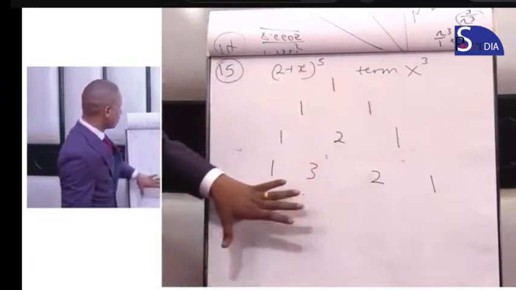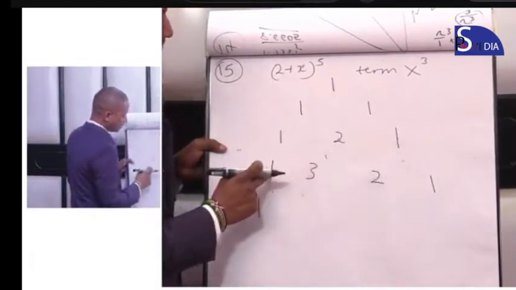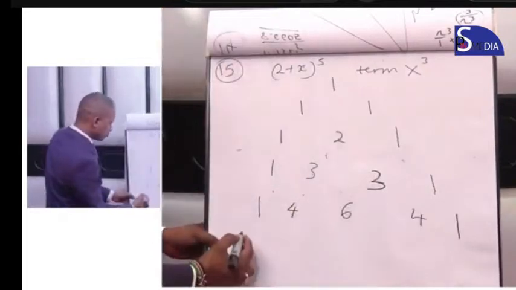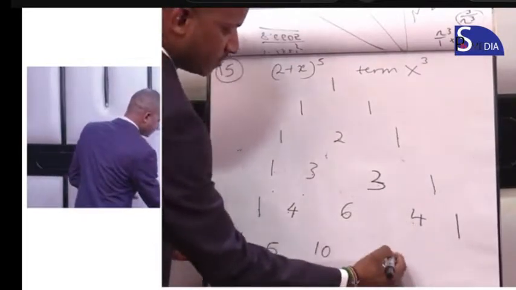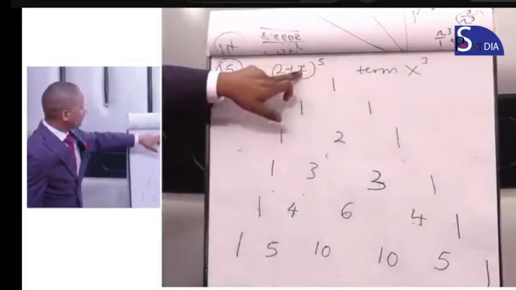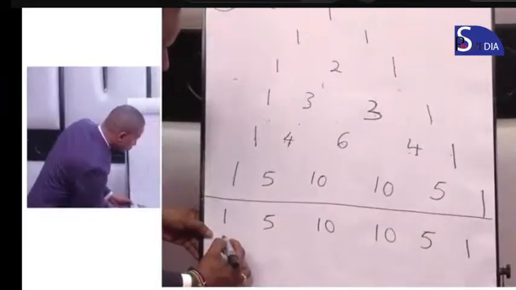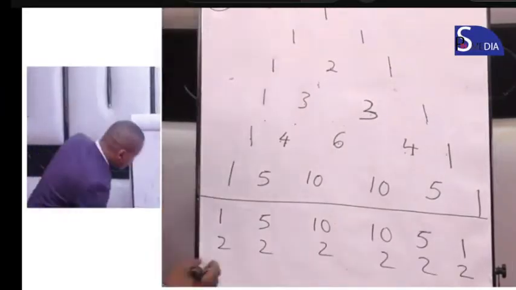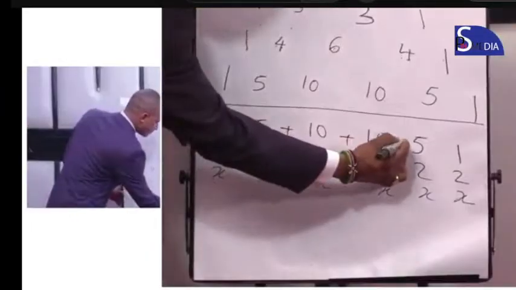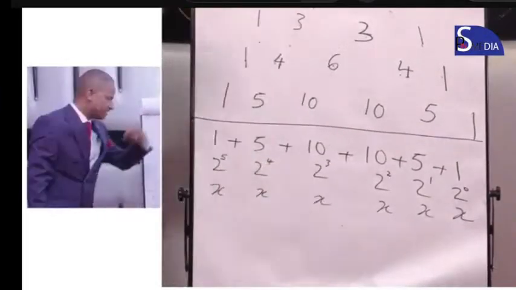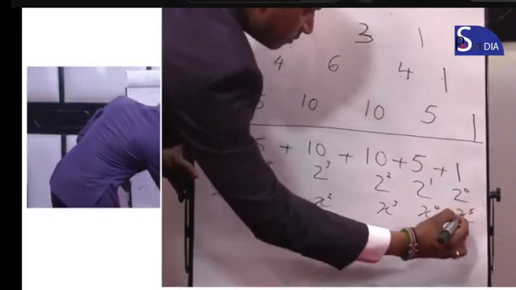Pascal's triangle. So the triangle is, then you do another 1, 3 plus 3, then you go to 1 plus 4, 10. We have the value 10 there. So from here the value of x, these are coefficients, x products add, so like that.